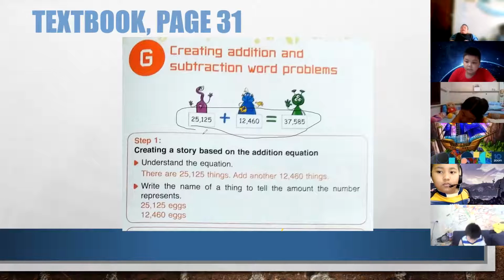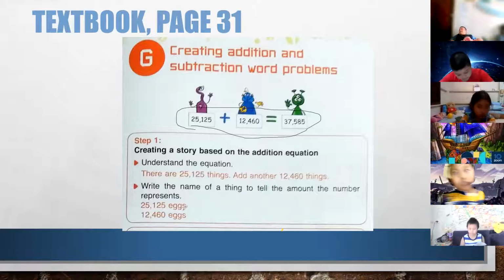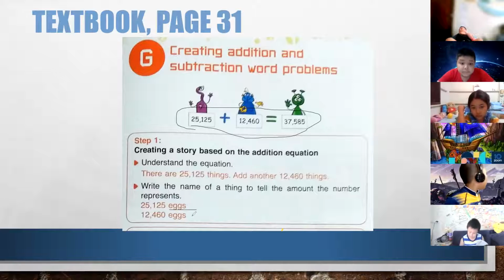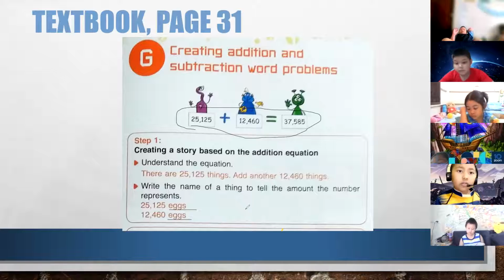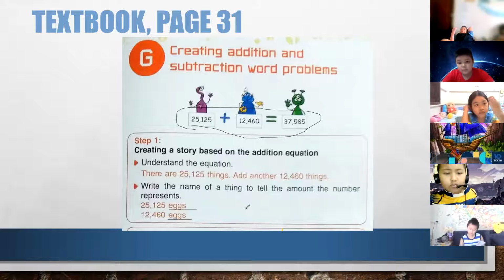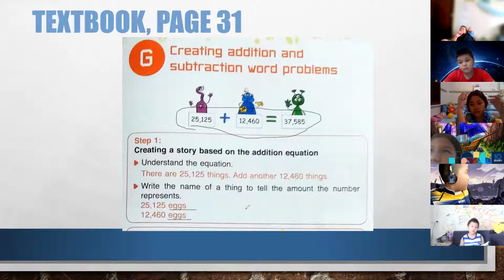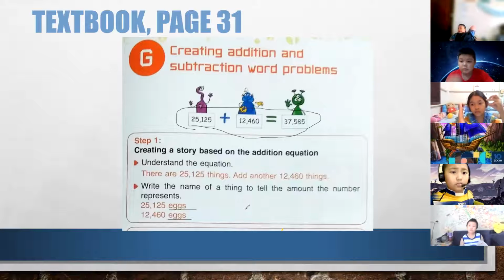Aside from eggs, what are the things that you see around you? Maybe instead of using eggs, maybe flowers, 25,125 flowers. So you can change the things. Or maybe marbles, pencils, glasses, spoons, toys, plants, fruits like apples, vegetables like cucumbers.